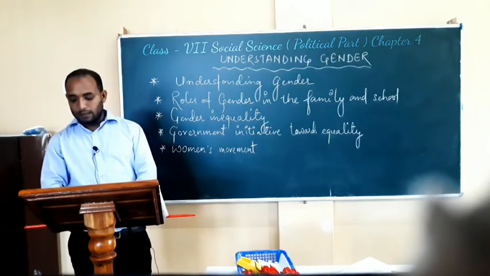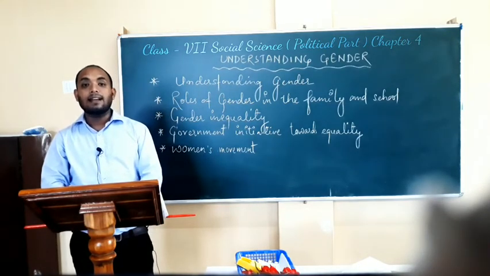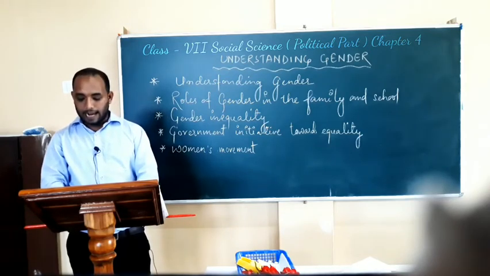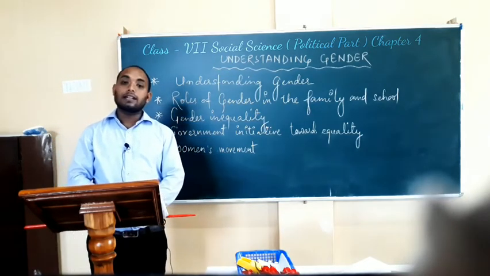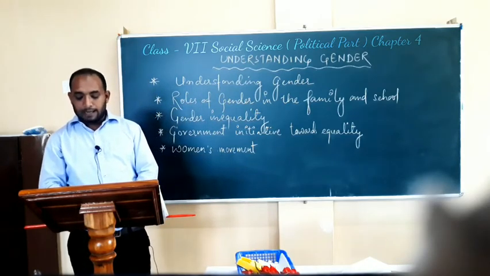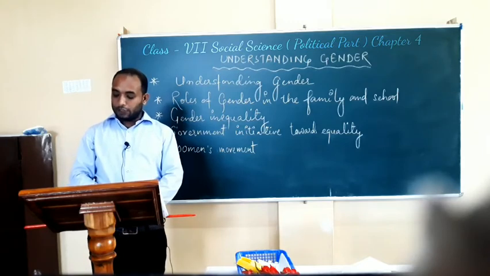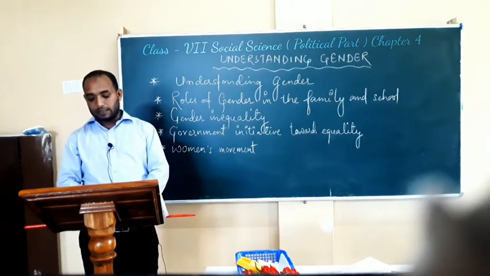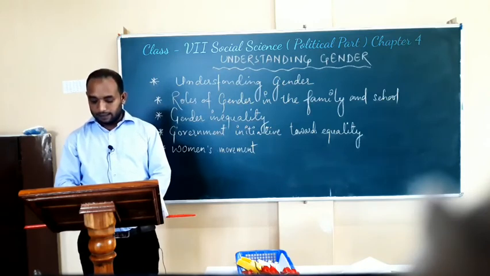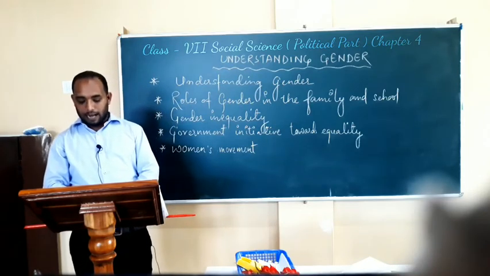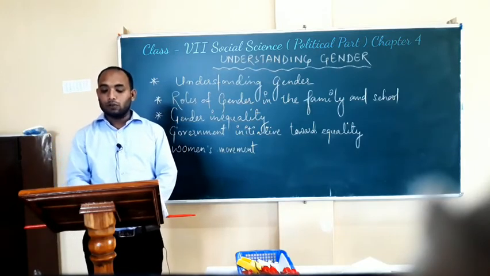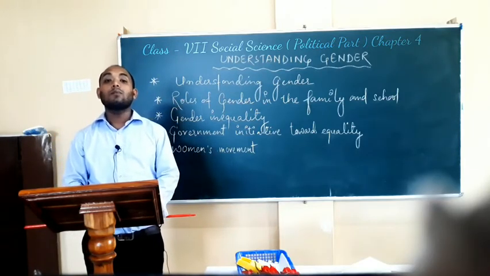Social reformers of the 19th century, like Raja Ram Mohan Roy, Ishwar Chandra Vidyasagar, and Dayanand Saraswati, introduced reforms for the upliftment of women. Raja Ram Mohan Roy is well remembered for his role in abolishing the practice of sati. He also campaigned for the rights of women, including the right of widows to remarry and hold property.